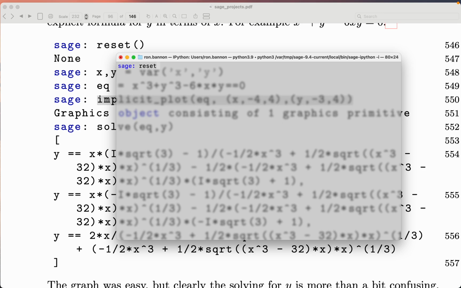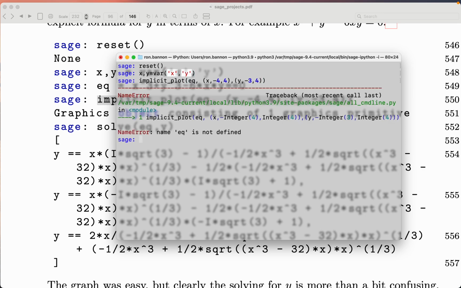Reset, and x and y are variables. Whoops, let's see what I did wrong. Oh, I didn't define the equation. I've got to define the equation.